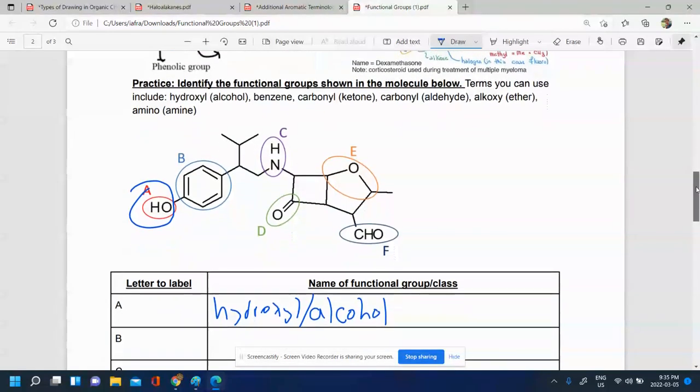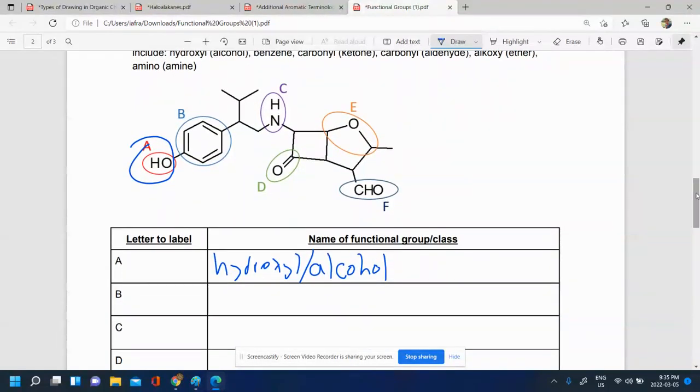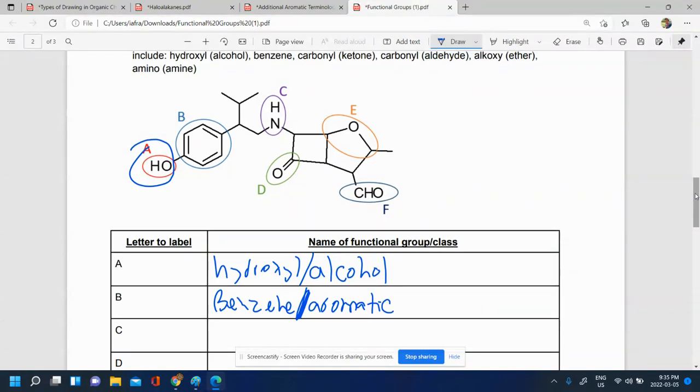B, you'll notice, is a benzene group. You can call it phenyl as well. And that typically makes you an aromatic compound, because compounds with benzene in them are called aromatic compounds. Here we have a simple nitrogen.